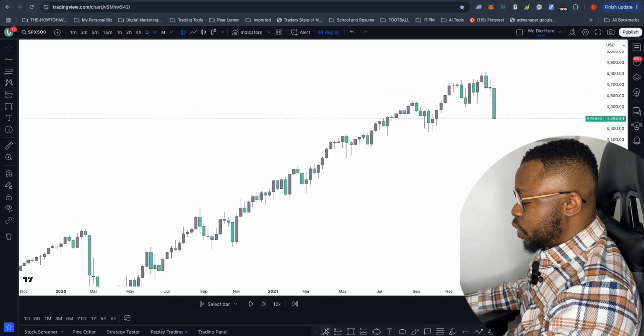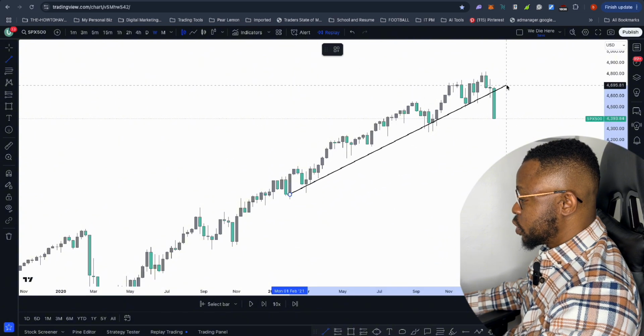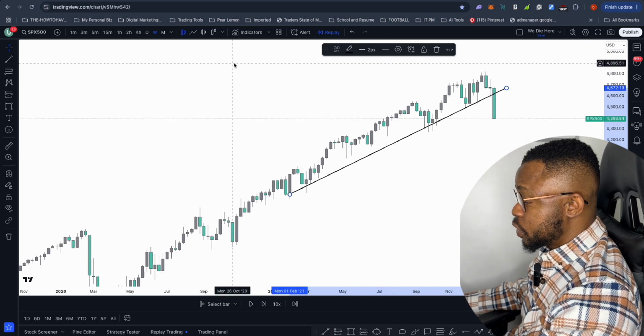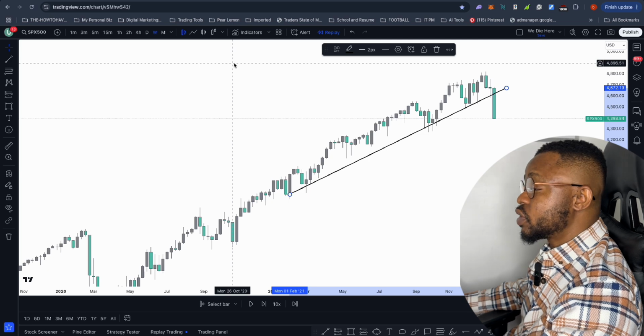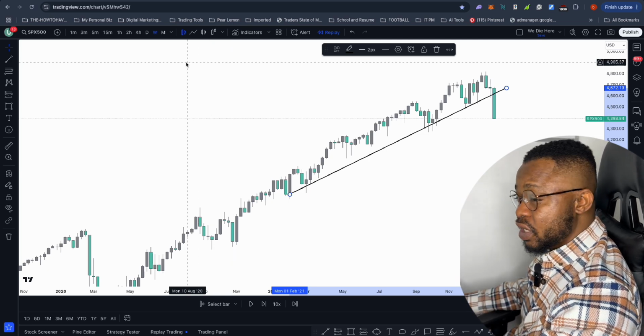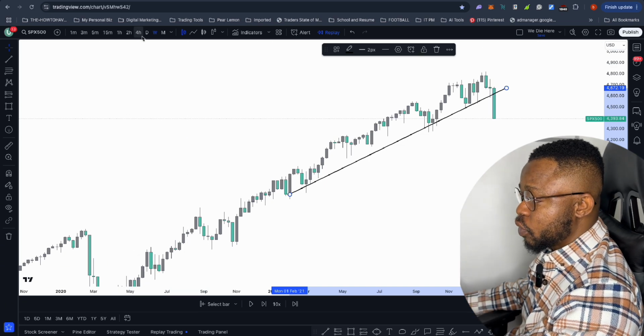So we have a quick trend line drawn this way, and we see price has even broken the uptrend, but remember this is the SPX 500, so it's an index. It's a United States index, so it's most of the time trending up. So you have to always have that in the back of your mind. That doesn't affect your rationale for any trade, but you should just have it in the back of your mind.